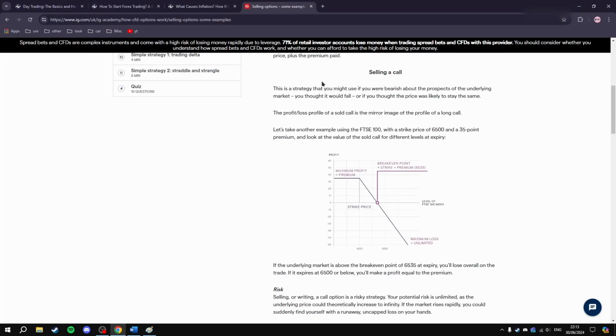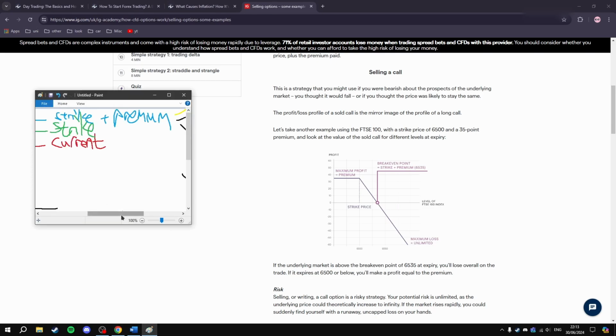Selling a call. This is a strategy that you might use if you were bearish about the prospects of the underlying market. You thought it would fall, or you thought the price was likely to stay the same. Yeah, so it would fall.